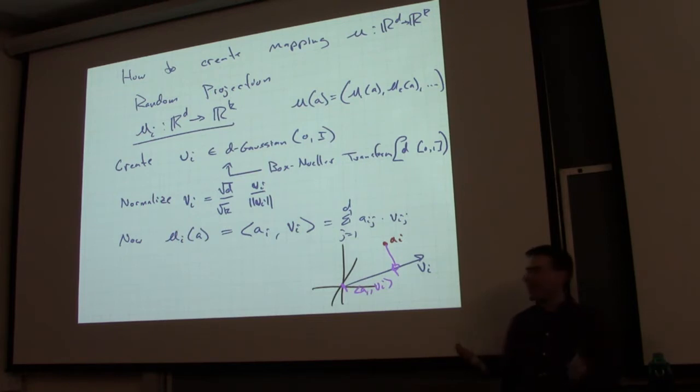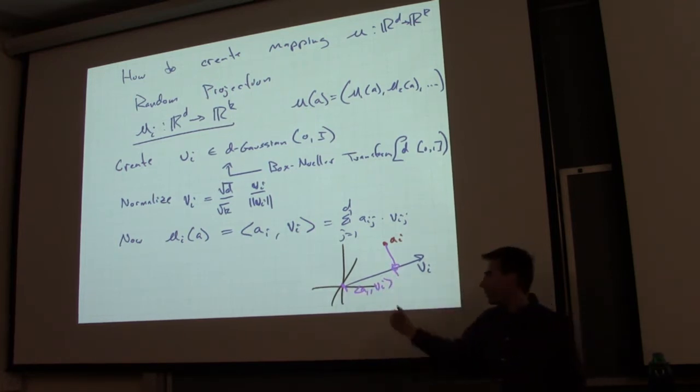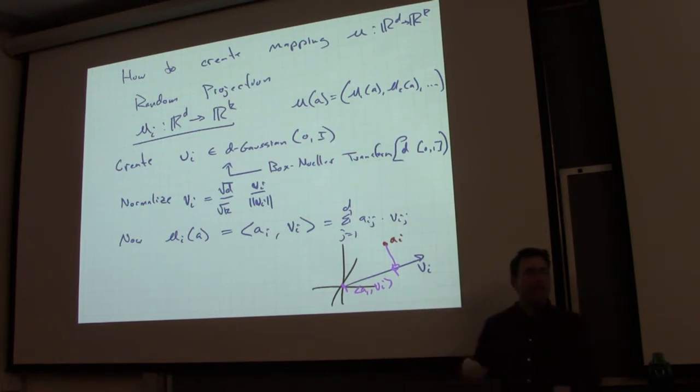I'm essentially picking one of the coordinates at random. I've not picked one of the original axes, I picked some other direction, but imagine I picked one of these original coordinate axes, it'd be roughly 1 over d of the total squared norm.